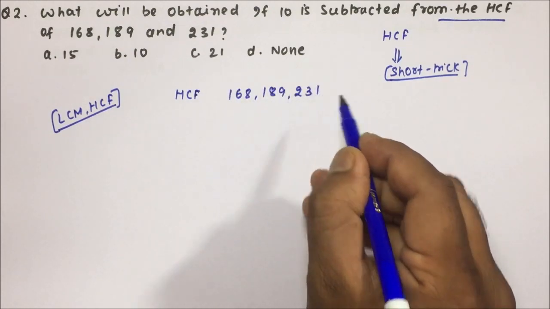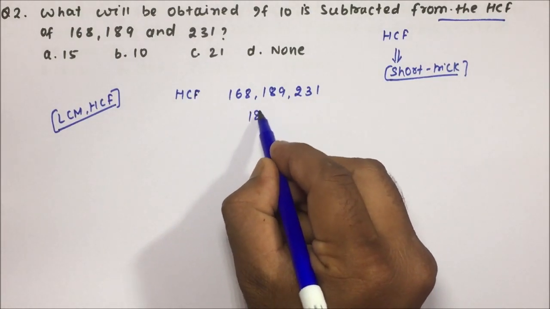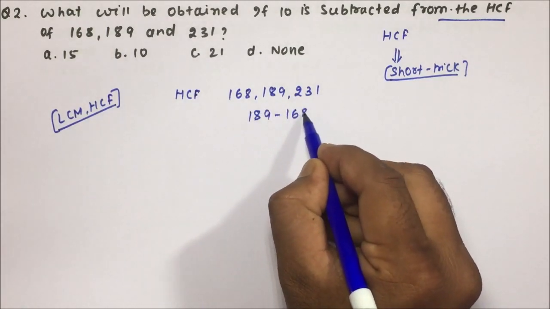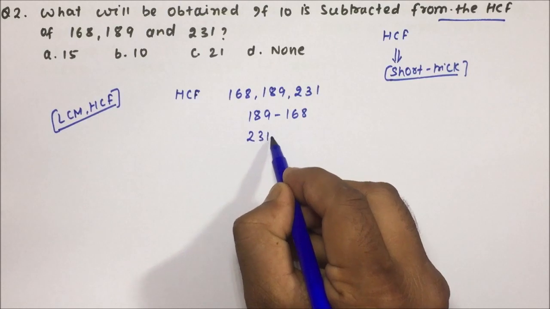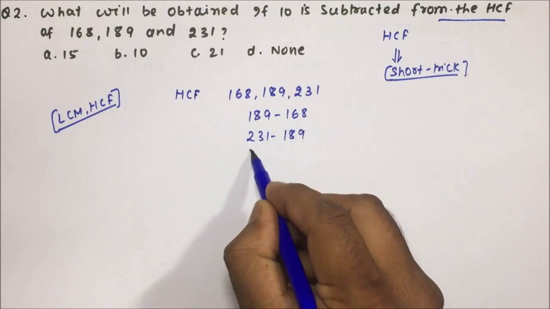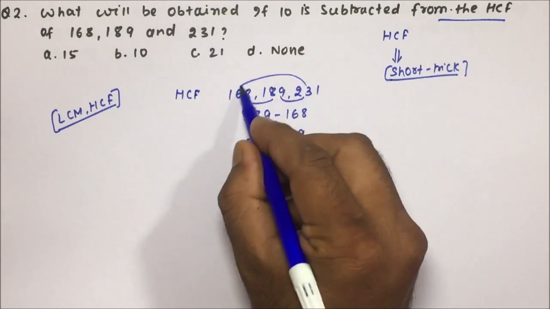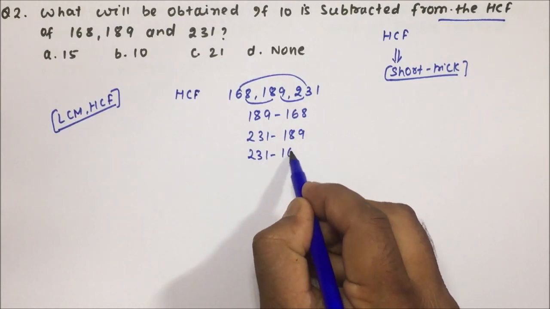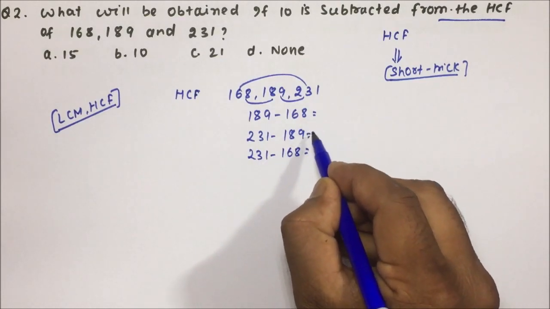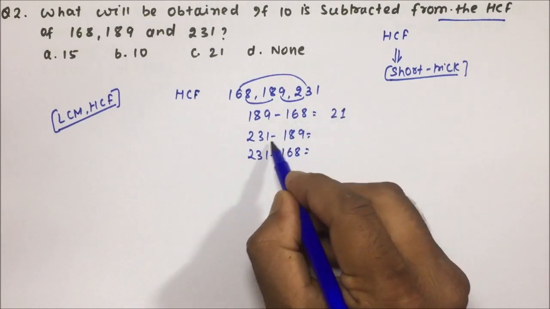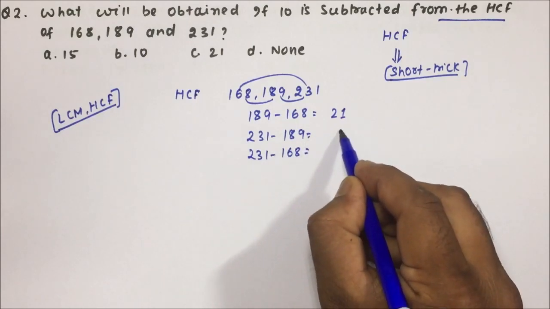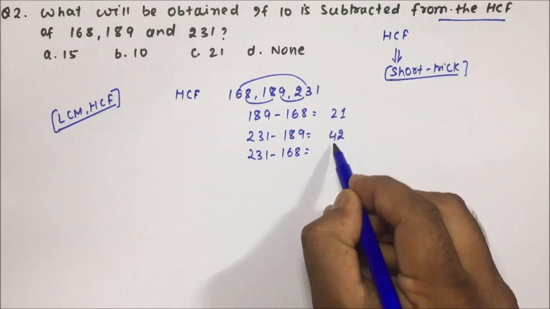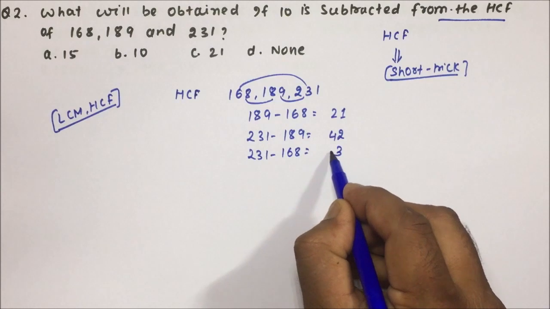So 231. Now friends, what we will do here, we will take the difference, and after that I will tell you what you have to do. So the difference between this and this: 231 minus 168. The difference is nothing but 21 here. 11 minus 9 is 2, and 12 minus 8 is 4, and the difference here is 63.